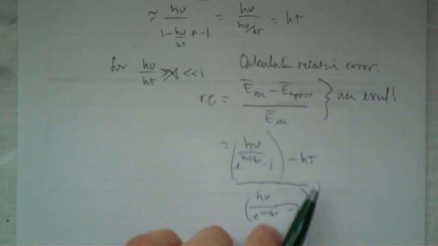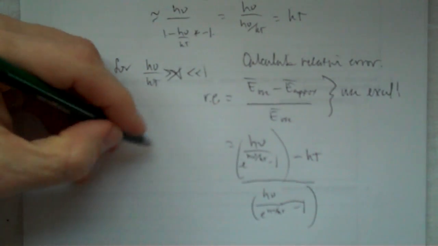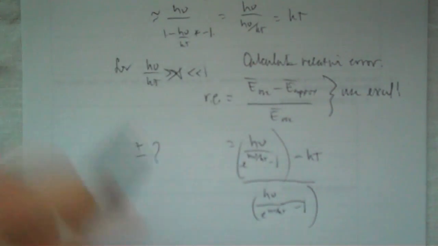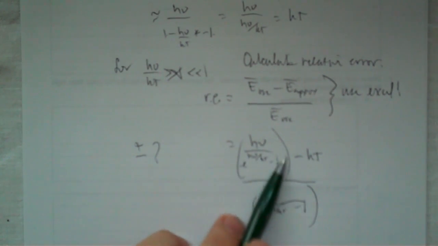Alright, I'm looking at this and going, I don't know, what's the sign of this going to be? Is this going to be negative or positive? Well, this clearly depends on how big kT is relative to this. Agreed? Is this going to be plus or minus? Okay, well, it depends. Which is bigger, kT or this mess here?